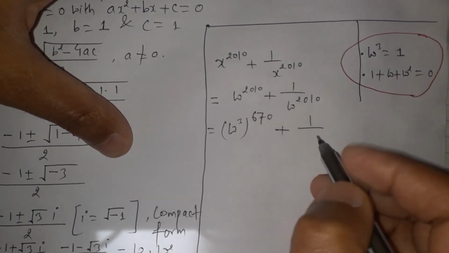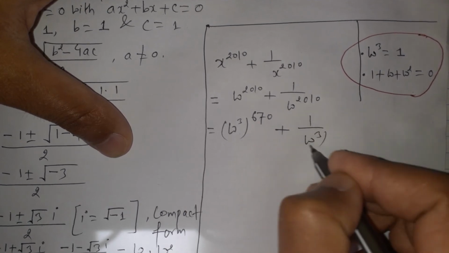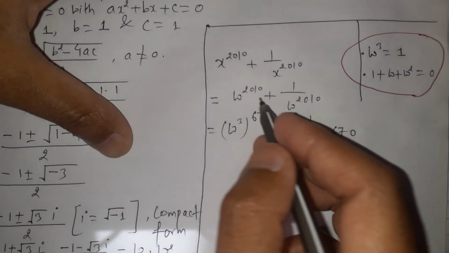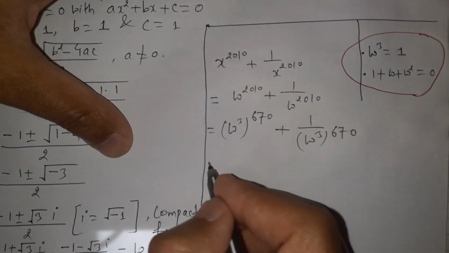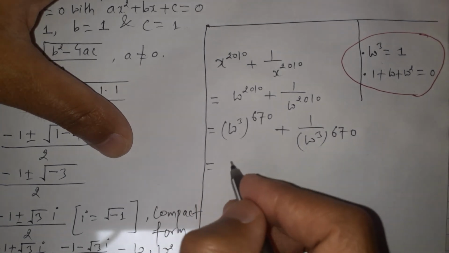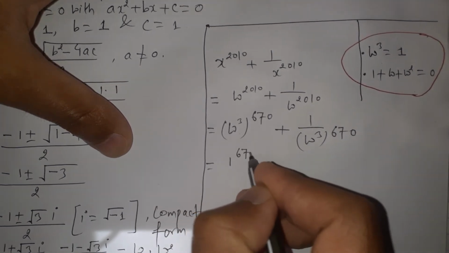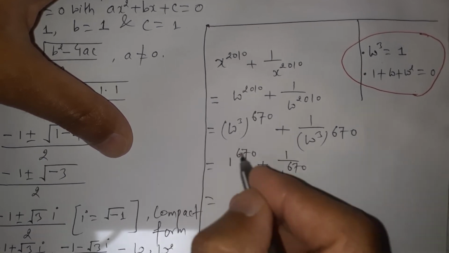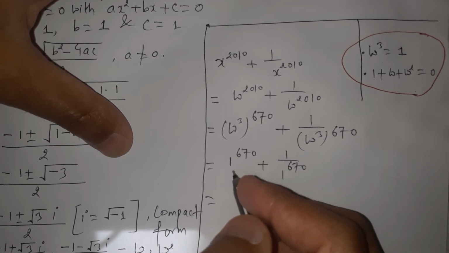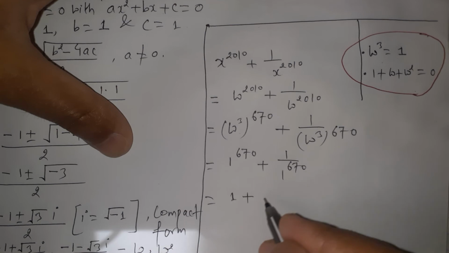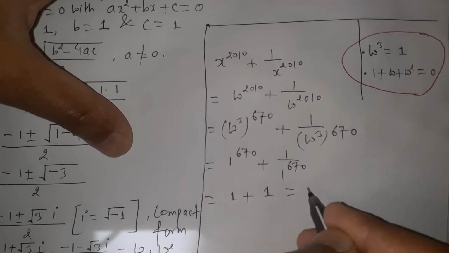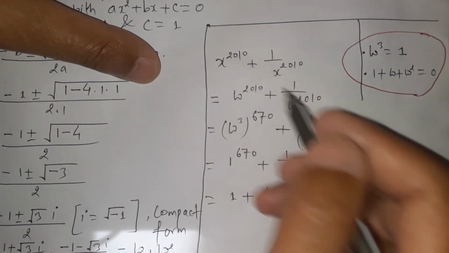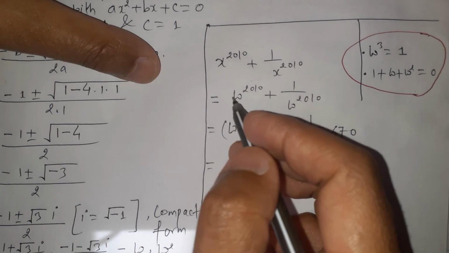Plus 1 over the same operation, omega cube raised to 670. Omega cube is just 1, so we get 1 raised to the power 670 plus 1 over 1 raised to the power 670. Any power of 1 is 1, so we get 1 plus 1 over 1, and the value is 2. We proved that the value of this expression is 2 just by taking one value of x.